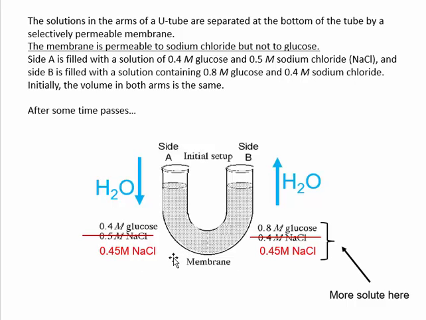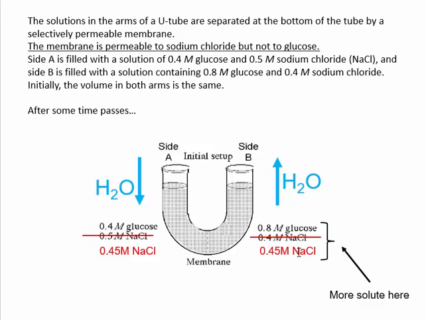Well, we know sodium chloride can move, so it will move down its concentration gradient. So you'll get sodium chloride moving from left to right here, and that'll eventually reach an equilibrium, so the same concentration. But glucose will never change. That will not happen.